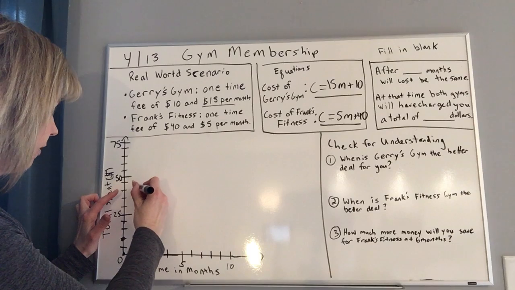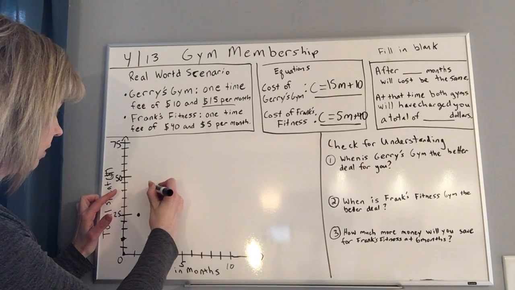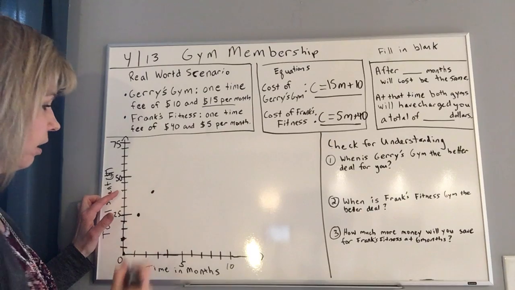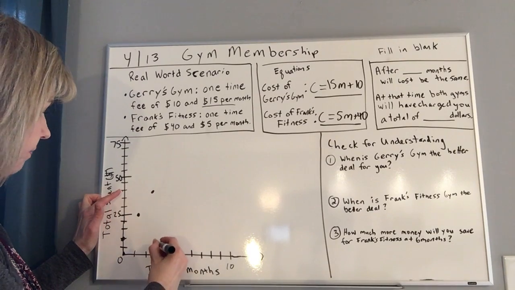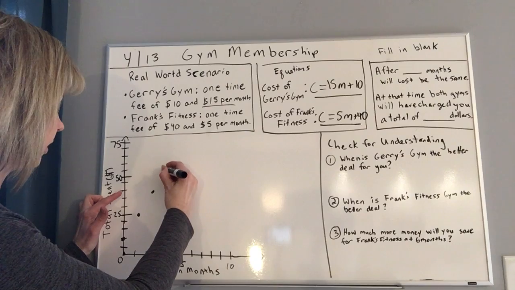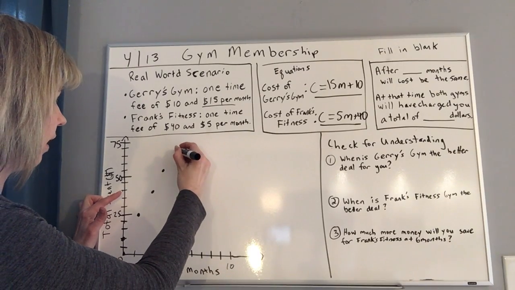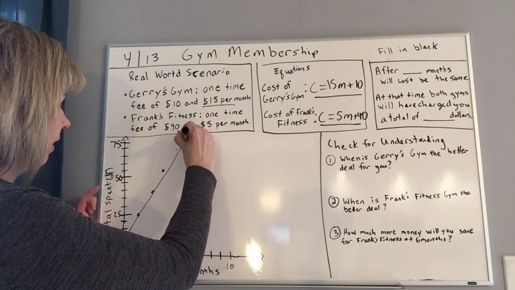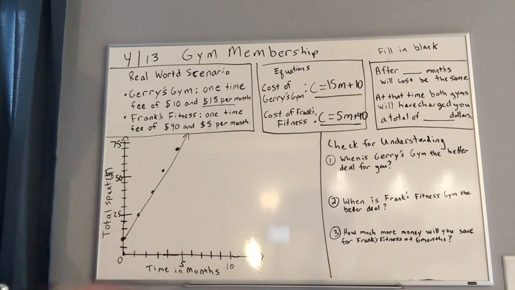You're going up 15 to the right 1. So at 2 months, you're at $40. At 3 months, you should be at $55, and so on at 15 over 1. So I'm just going to draw that. You should go through all those points.